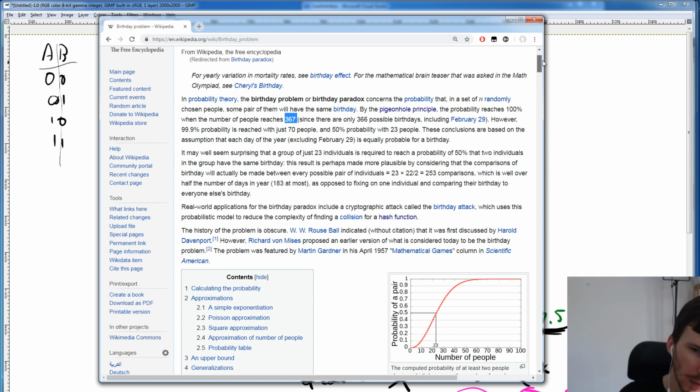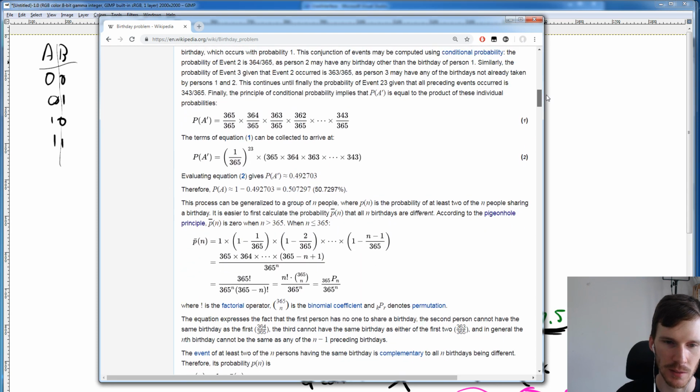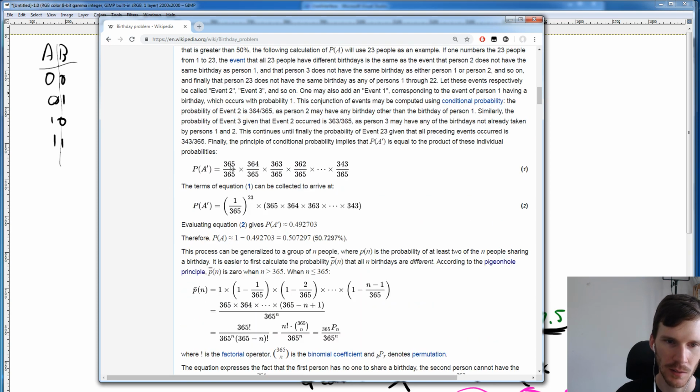Yeah, so we can think about this, in fact we will in a moment. I'll just finish going through this. So the maths behind this seems fairly obvious.